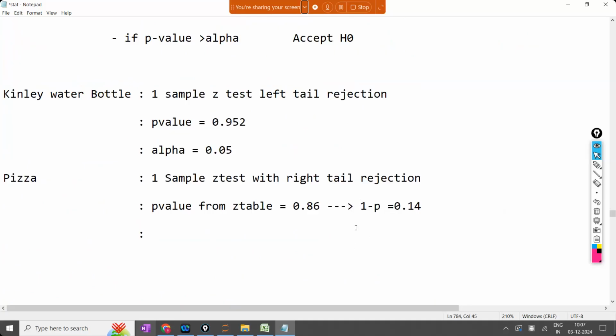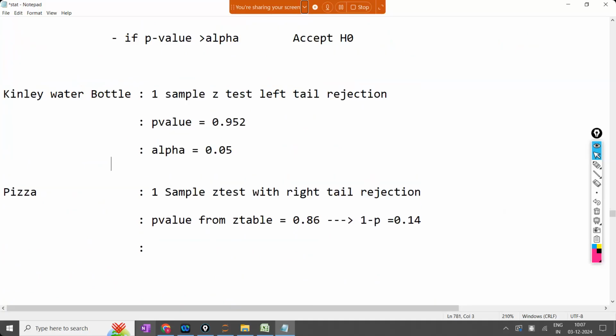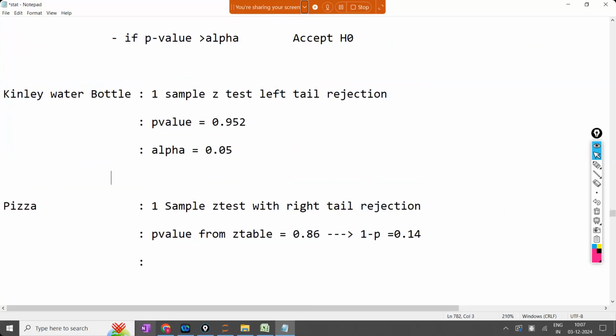So your 1 minus P. Here you are going to check directly the P. For left side test, you have to check directly whether P is less than alpha or P is greater than alpha, and accordingly accept or reject the null hypothesis. But when you come to the right tail test, you have to check 1 minus P. 1 minus P is greater than alpha. So since 1 minus P is greater than alpha, we have to accept the null hypothesis.